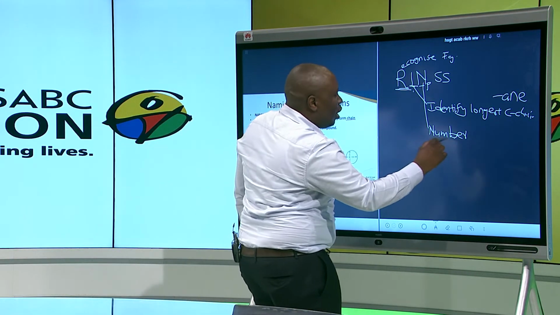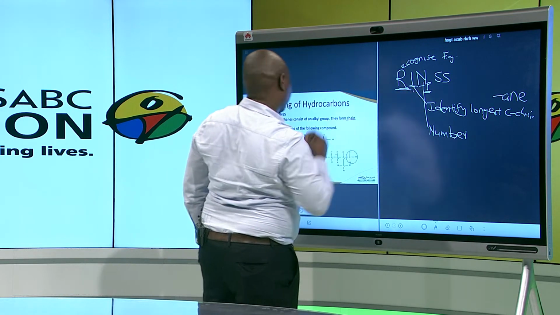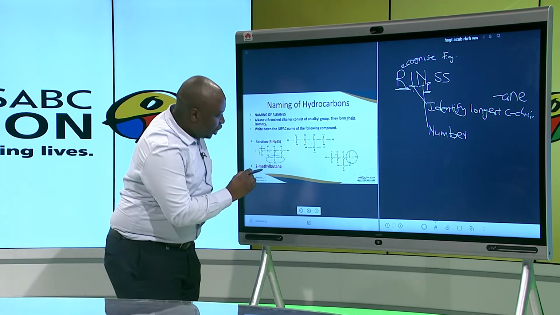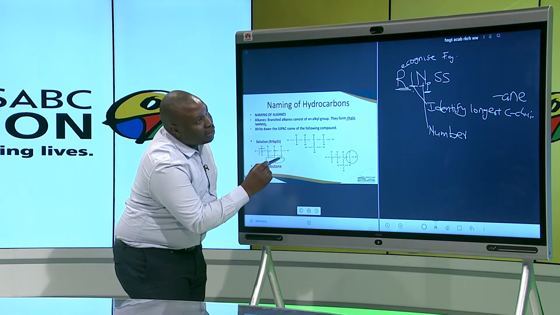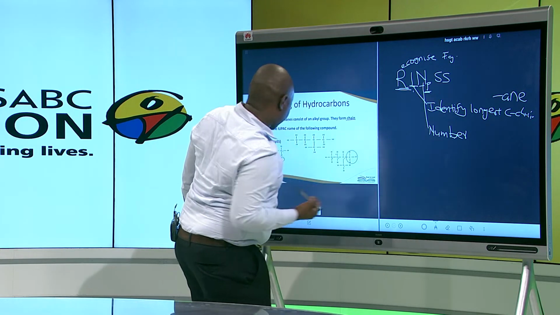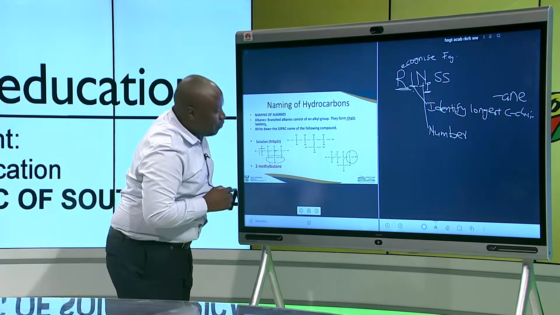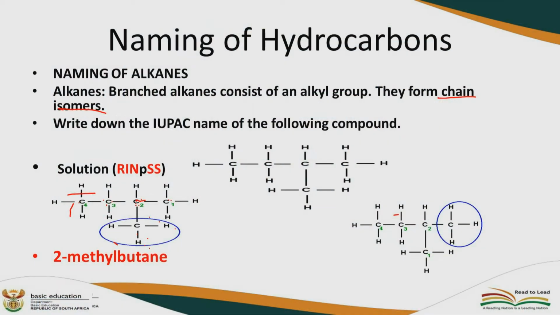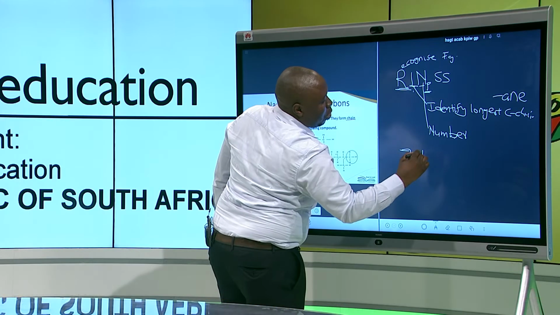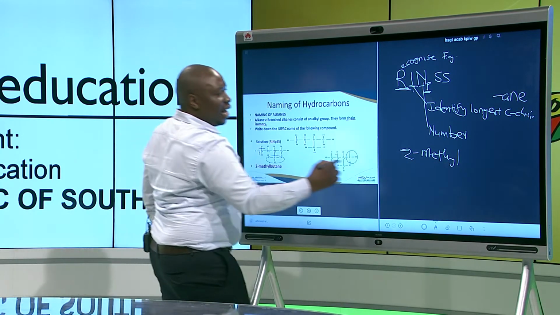When you have your longest carbon chain and have numbered it, you look for the position of your substituent or your side chain. So this is the position. In carbon number 2, we find a methyl because it's only one carbon. So the name will be 2-methyl butane.